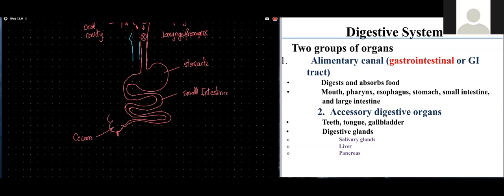Cecum will then push the feces up into the part of the colon that travels up. We call this the ascending colon that flexes and travels horizontally like this.